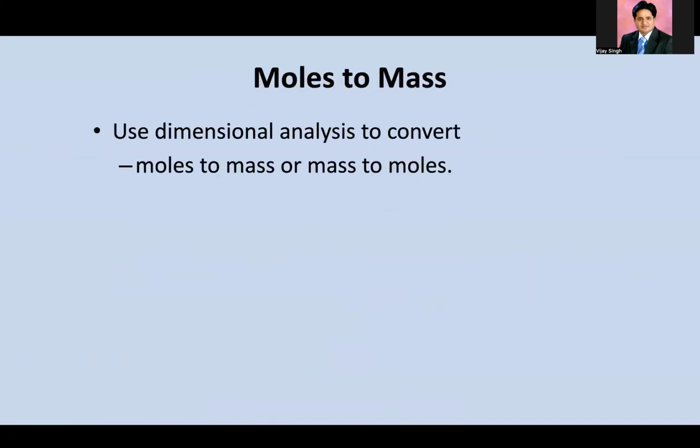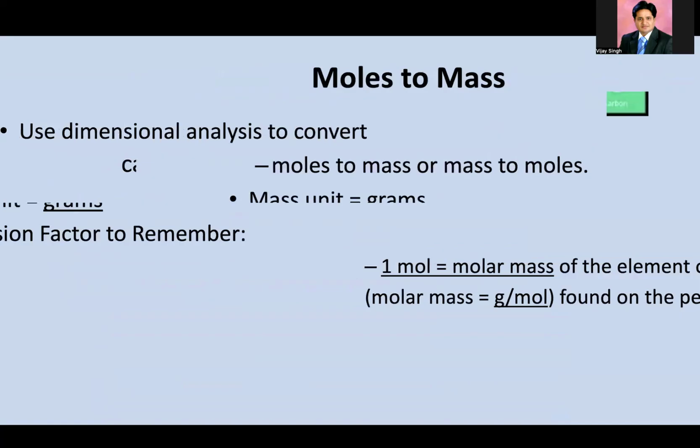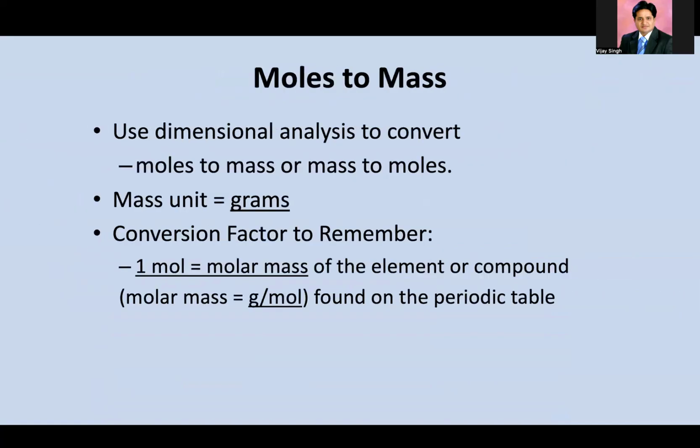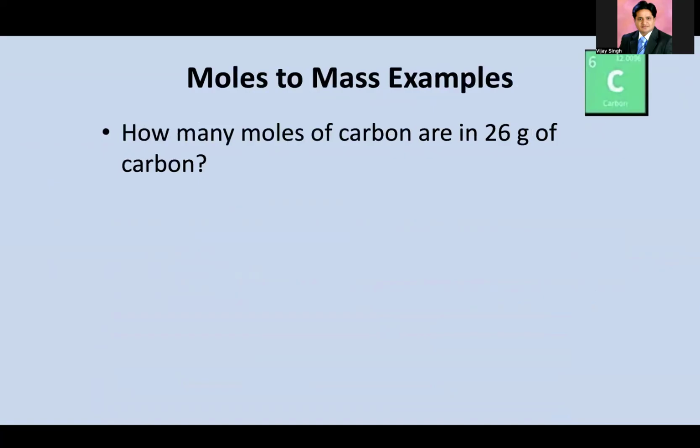Now, let's use dimensional analysis to convert moles to mass. So remember, 1 mole is equal to the molar mass of the element or the compound. For example, let's take how many moles of carbon are in 26 grams of carbon.